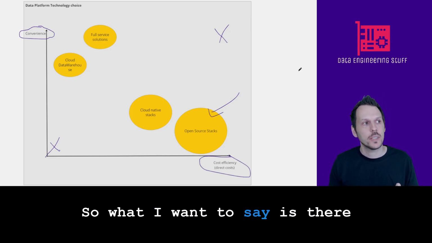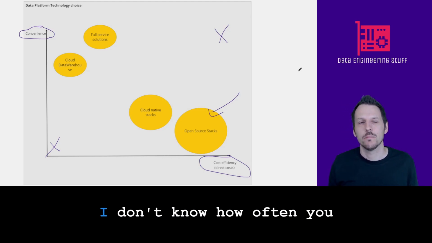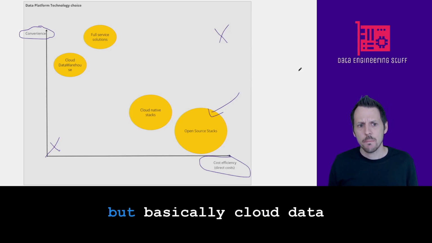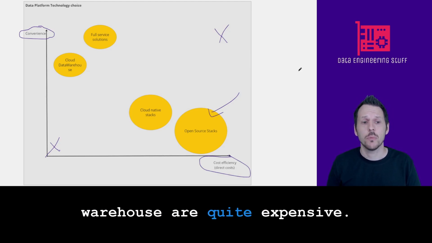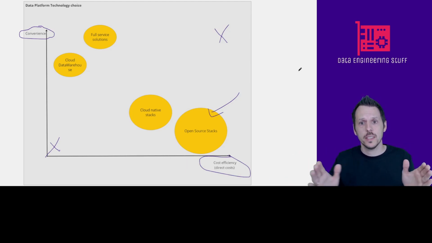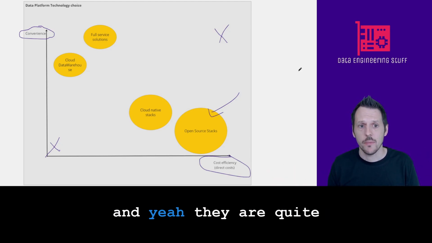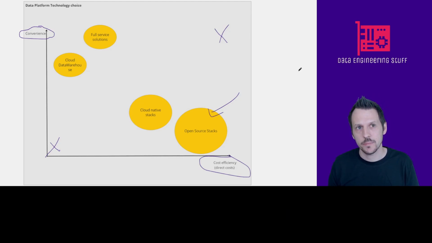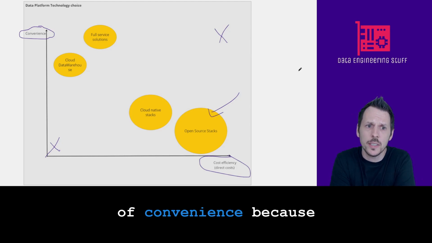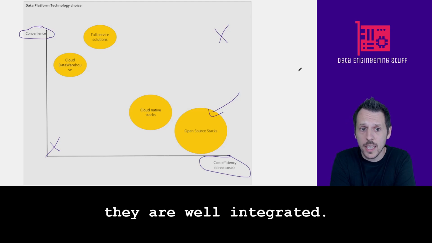So what I want to say is there are serverless cloud data warehouses, but I don't know how often you see them in production. But basically, cloud data warehouses are quite expensive. They are huge machines sitting next to each other, talking to each other, replicating stuff and so on. But they also offer a bit of convenience because they're well integrated.